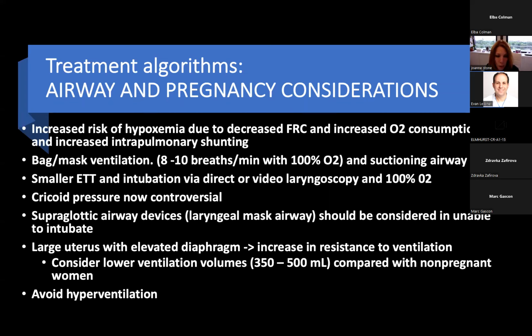The use of cricoid pressure is now controversial. Supraglottic airway devices should be considered when you're unable to intubate. And a large uterus with an elevated diaphragm really does increase resistance to ventilation. In these patients, lower ventilation volumes like 350 to 500 milliliters are used compared with 600 milliliters in non-pregnant patients.